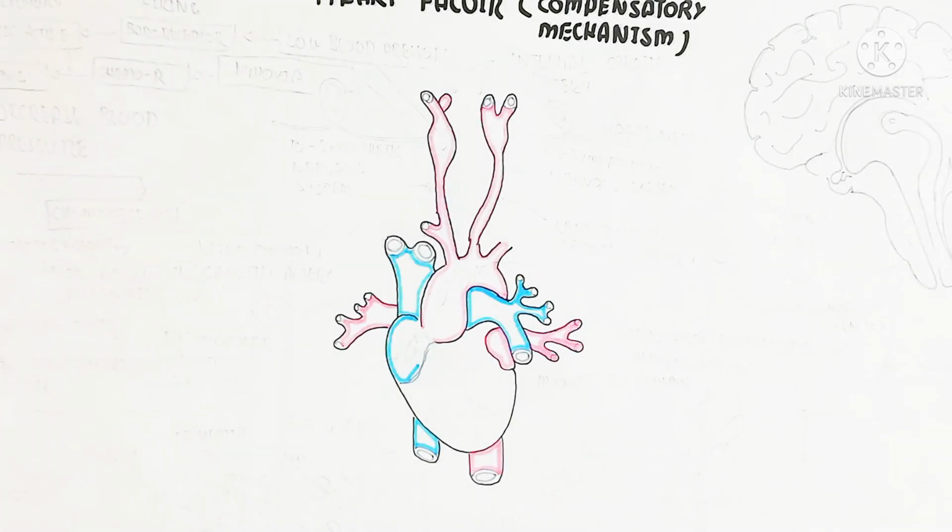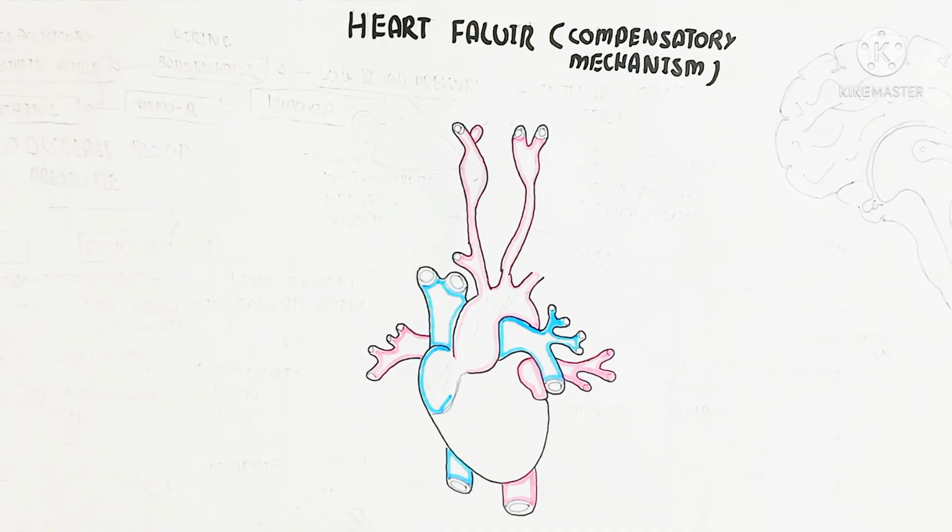This heart contains a right common carotid artery and a left common carotid artery, which arise from the aortic arch.